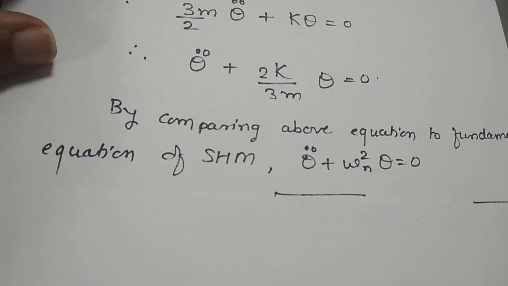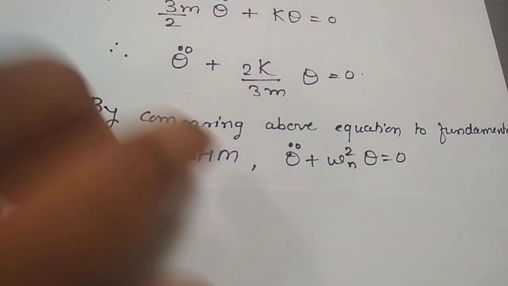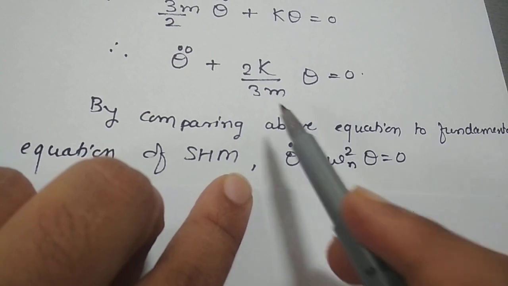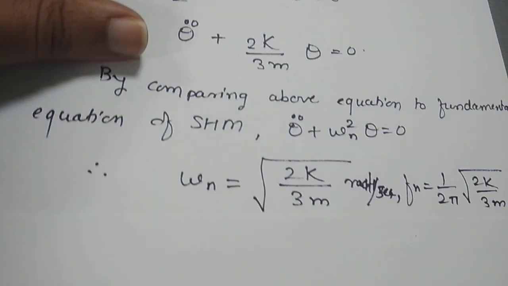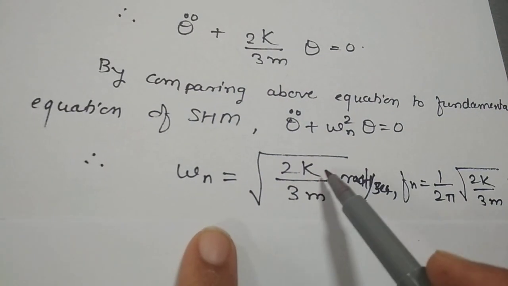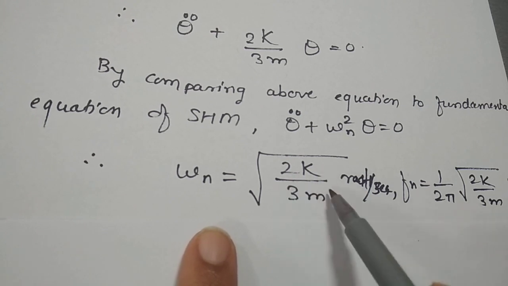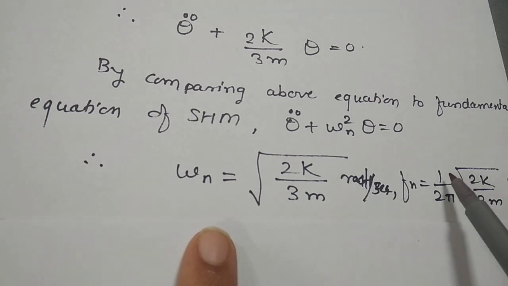By comparing with the fundamental equation of SHM, we can say omega n square is equal to this term. So omega n can be written as square root of 2k divided by 3m radians per second, and convert into hertz by multiplying by 1/2 pi.